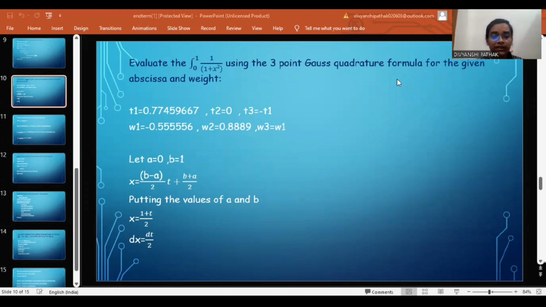Here we will consider two variables where a is initialized to 0 and b is equal to 1. Now, the formula is x equals b minus a upon 2 multiplied by t plus b plus a upon 2. Now, putting the values of a and b in the above formula, we will get x as 1 plus t upon 2 and dx is dt by 2.